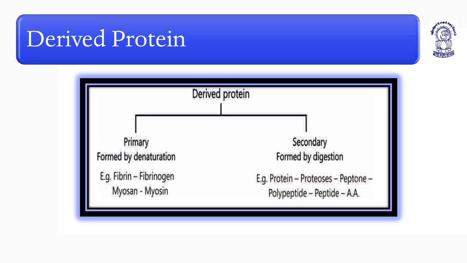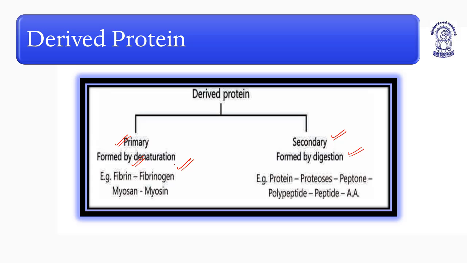One is the primary form, which is formed by the denaturation of main or structural protein, and the secondary form is formed by partial digestion. So when the main protein gets denatured, it forms the primary derived protein, and the secondary derived protein comes after the partial digestion.